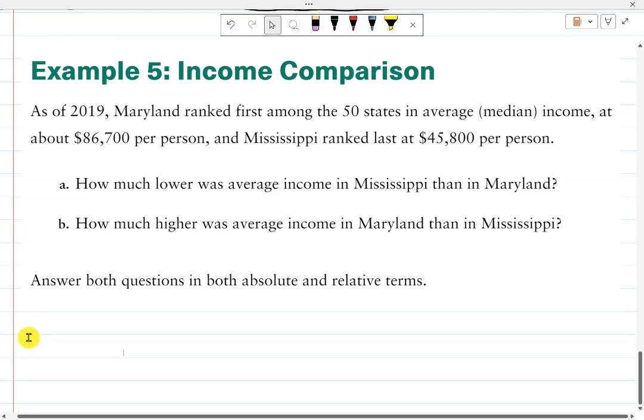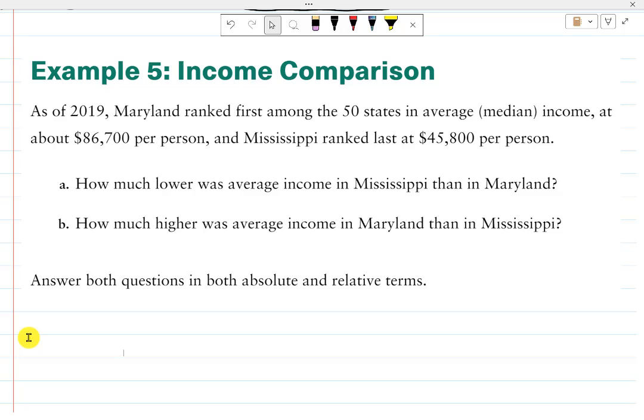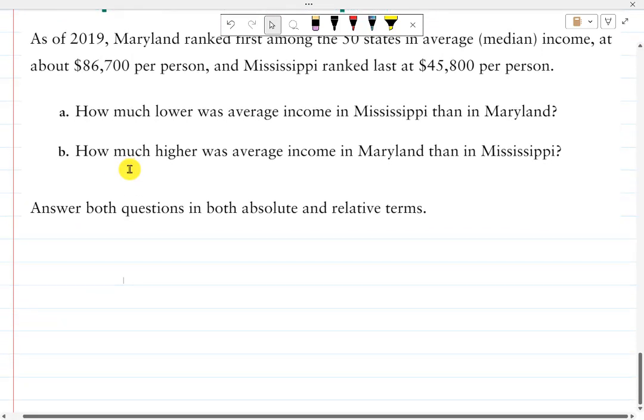This is another example where you compare one thing to another and then you reverse that comparison. So here we have the highest ranked state in the country has a wage of about $86,700 per person, and that is in Maryland. In Mississippi, they're ranked last at $45,800. So my first question is, how much lower was average income in Mississippi than in Maryland?